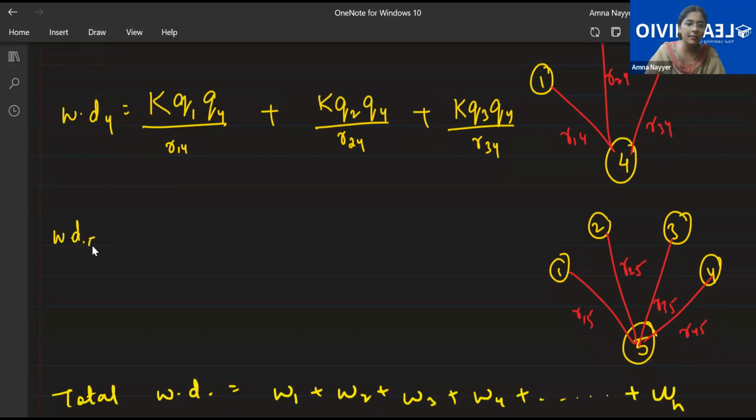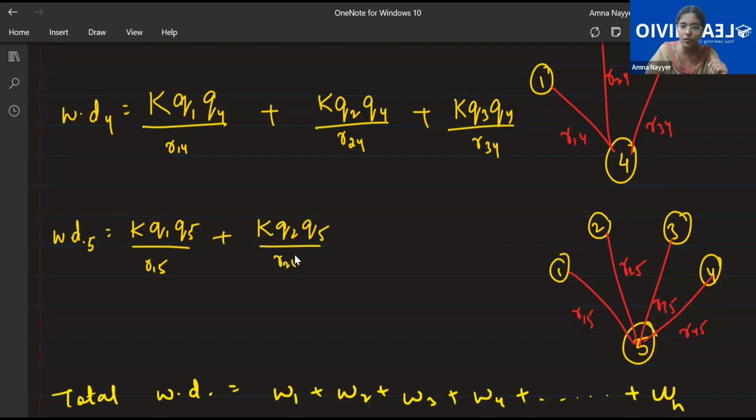Work done by the 5th one will be K Q1 Q5 by R15. I'll have 4 potential energies due to the charges which are already existing, right? Plus K Q2 Q5 by R25. Then due to 3 and 5, K Q3 Q5 by R35.